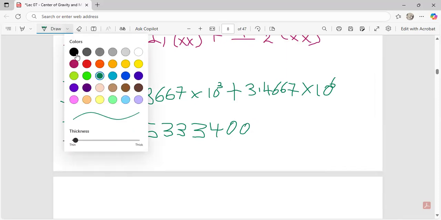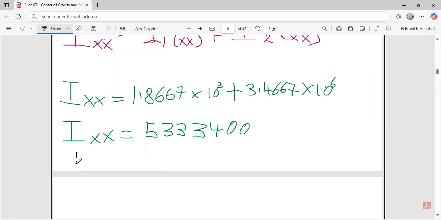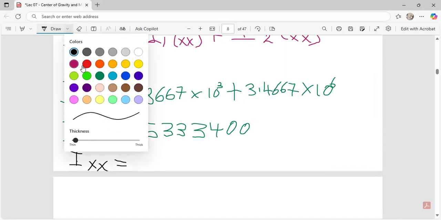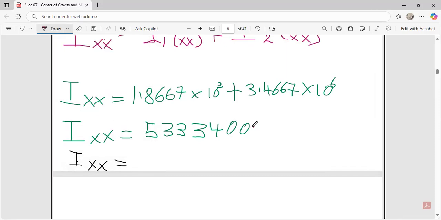So finally, our answer is going to be equal to what? If you want to write this in standard form, how is it going to look? If the point is here, 1, 2, 3, 4, 5, 6.